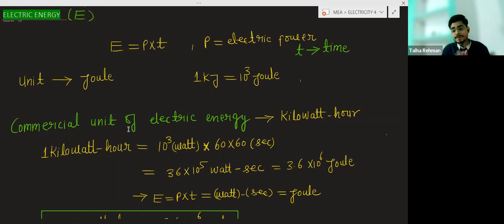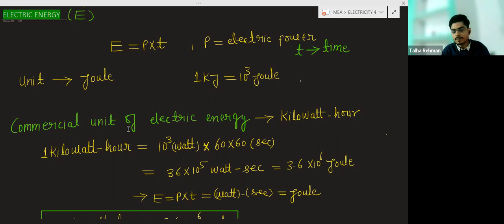So basically, they spend a large amount of energy. That is why we use another unit of energy other than joule, the commercial unit of electrical energy, which is a bigger unit of electrical energy. And why do we use it? Because in general life a large amount of electrical energy is used.